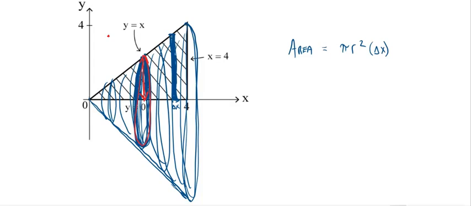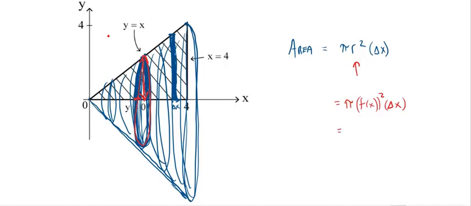And the radius is given by the function, right? Sound familiar? That's what we did with the area under the curve, right? It's just the distance from here to here, which is given by the function. So that's f of x squared. And then the delta x is just the width of one of these rectangles that we're rotating around.